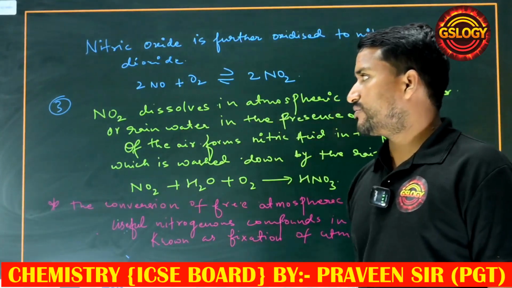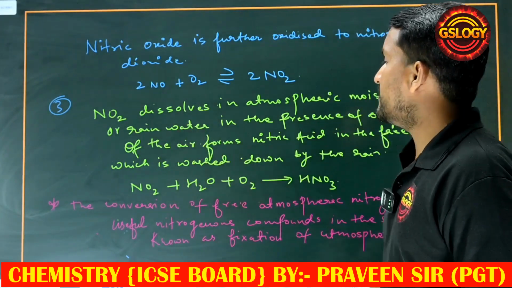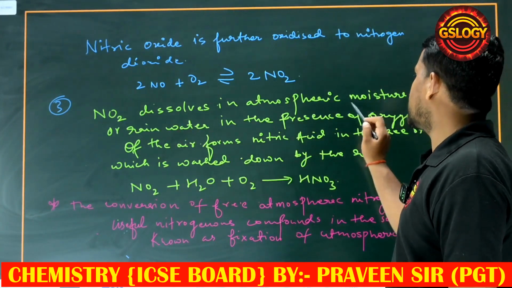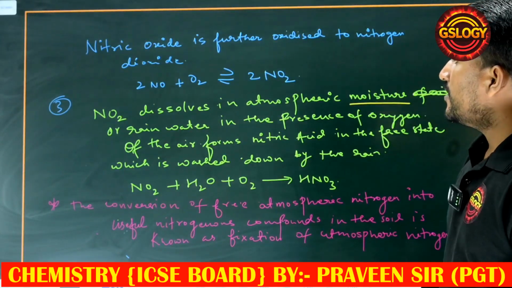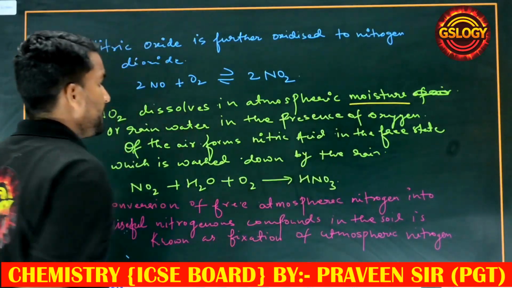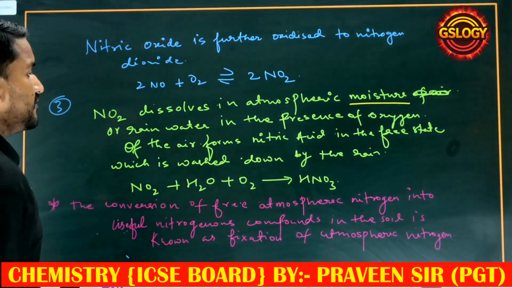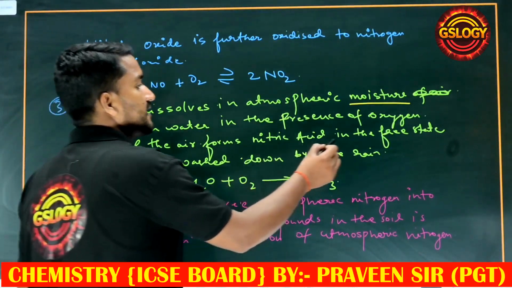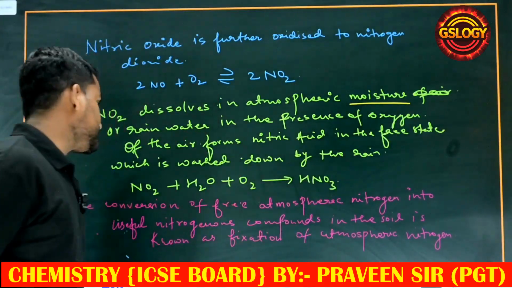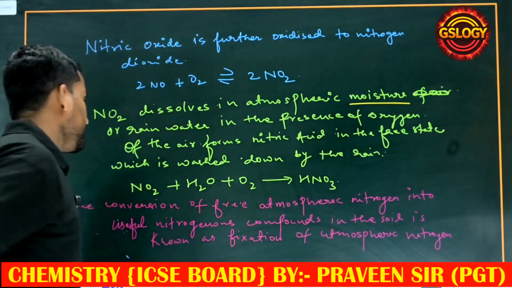Nitrogen dioxide dissolves in the atmospheric moisture or rainwater in the presence of oxygen of the air, forming nitric acid in the free state, which is washed down by the rain.